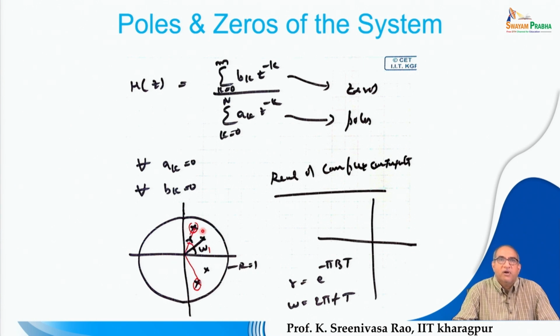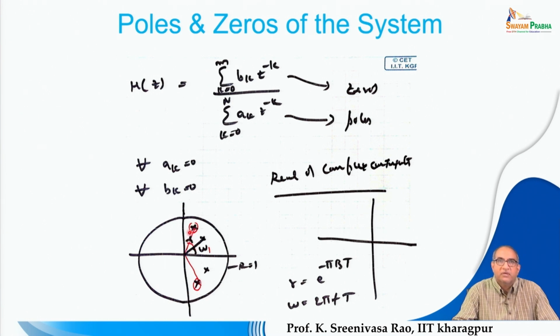Suppose here we have a point, for example, and if you connect this point to the origin, this distance indicates r, and the angle it makes with the real axis is the omega, the angle with respect to the real axis.